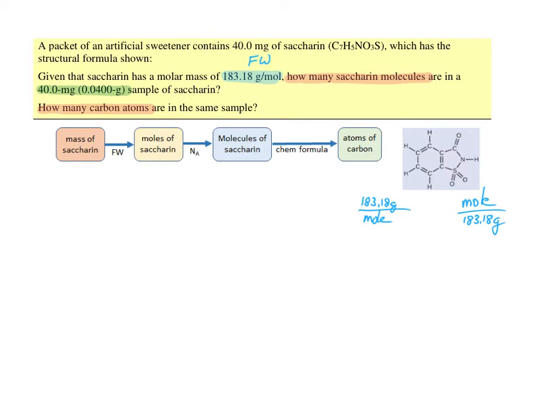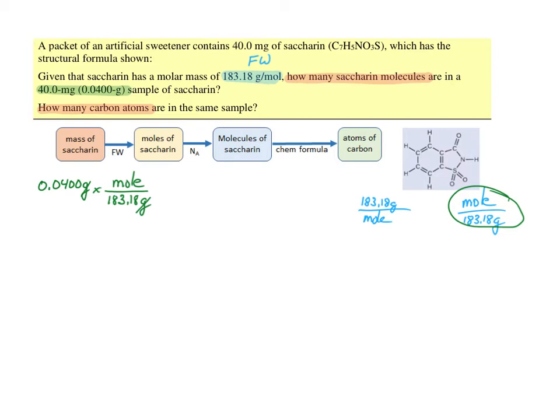Well, we're given our mass as 0.0400 grams. We're going to multiply it by a conversion factor to cancel out units of grams. So we're going to need this conversion factor. 183.18 grams is equivalent to a mole. So we can see that our grams cancel out, and we've gotten to moles of saccharin.